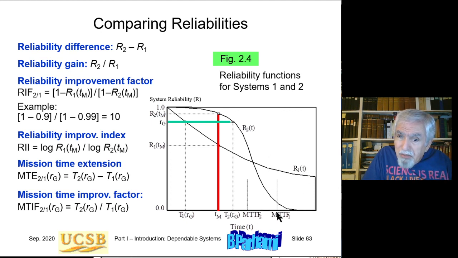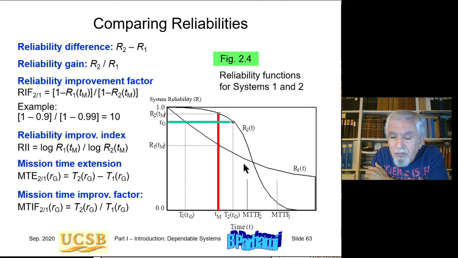Mean time to failure for system 1 happens to be larger than mean time to failure for system 2. Remember, mean time to failure was the area under the reliability curve. So this curve has a smaller area underneath it than this curve, because this curve extends further to the right with non-zero values, whereas this one goes quickly to zero. So the area is really just the part that you see in this diagram.